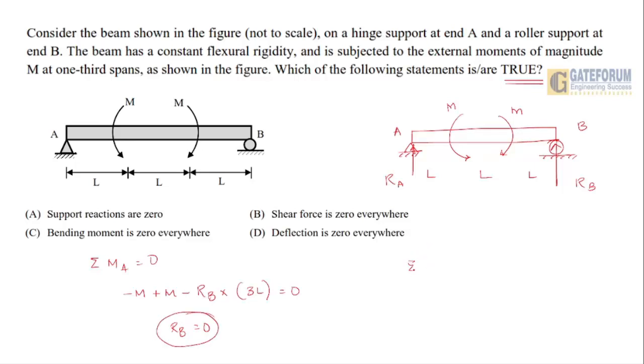Now all the vertical forces should be equal to 0, RA plus RB should be equal to 0, RA equal to 0. What happens? There is no shear force, right? You'll have a straight line shear force, and due to bending, when I talk about SFD, A, B, the total length is 3L.